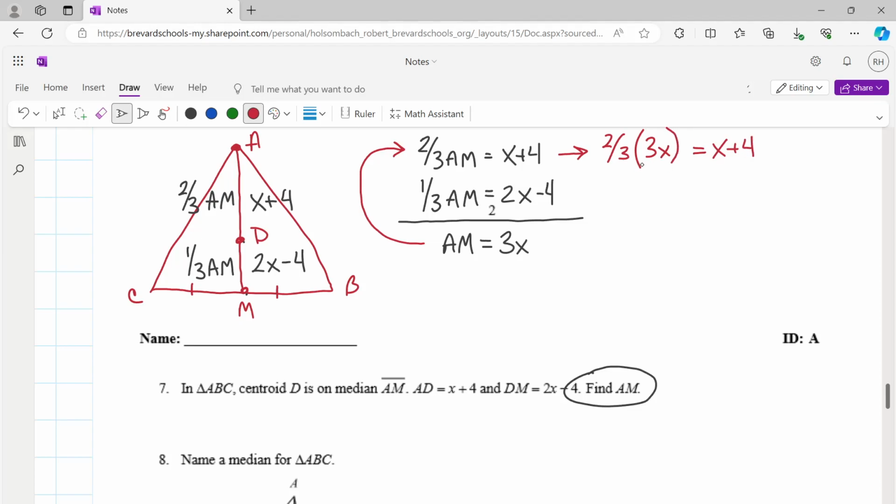So now we have one equation all in one variable. So what's 2/3 times 3? 2. So 2/3 times 3x is 2x, and it's equal to x plus 4. So subtract x from each side, and we get x equal to 4.